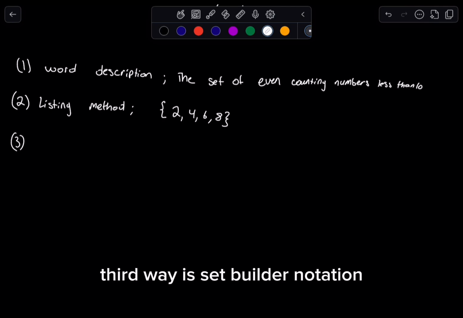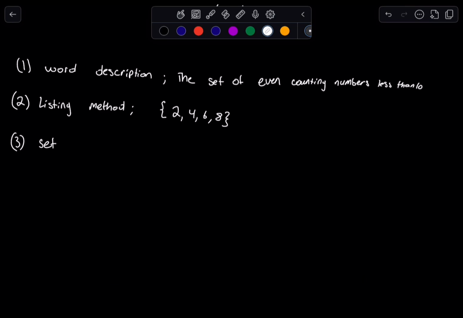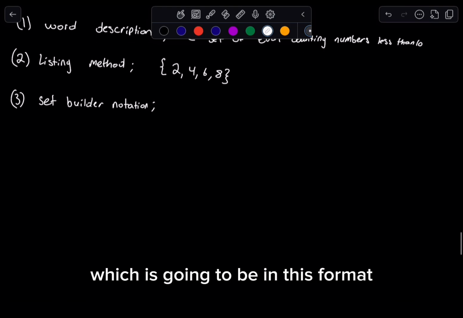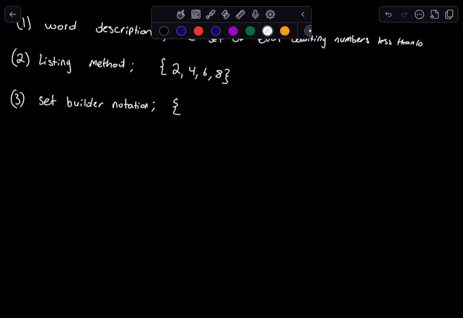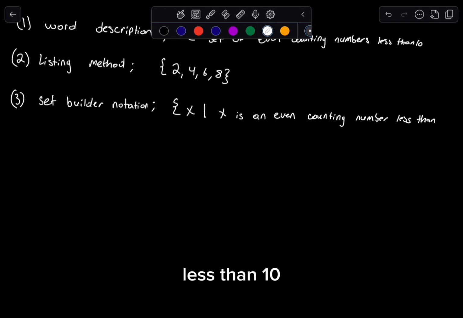Third way is set builder notation, which is going to be in this format. X such that X is an even counting number less than 10, like that.